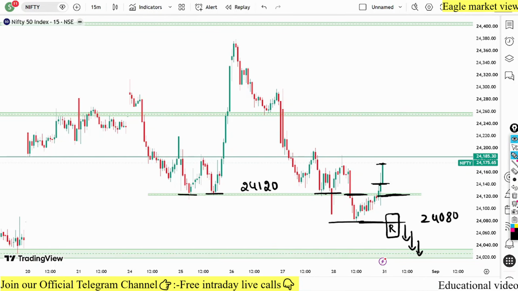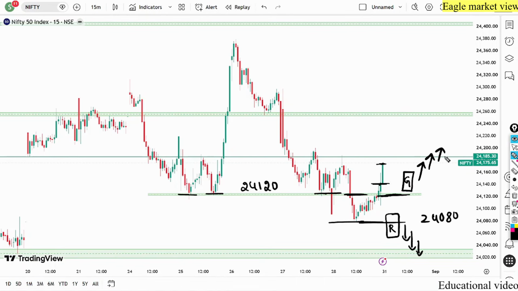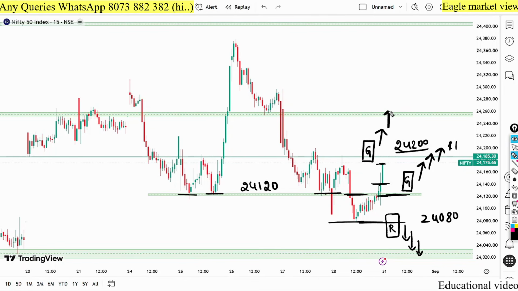Monday morning, if Nifty forms a bullish candle at this support level, there is a high probability price will go further upside up to 24,200, the R1. If a 50-minute candle closes above the 24,200 resistance, then price will go to the next resistance level of 24,300. If 24,300 also breaks out, then price will go to the next resistance at 24,400.